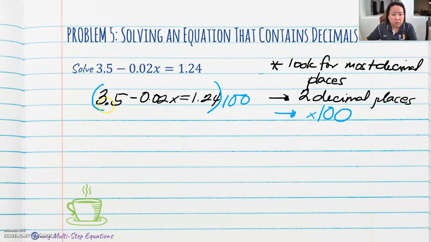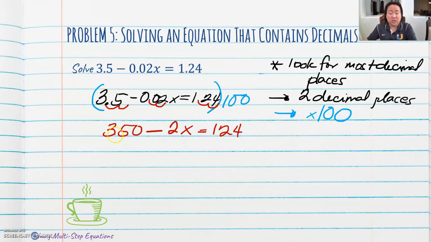3.5 will now become, so 1, 2, that will now become 350 minus 0.02x will now move 1, 2, so that's going to be 2x, okay? And then our last part, 1.24 multiplied by 100, 1, 2, so that's going to be 124.